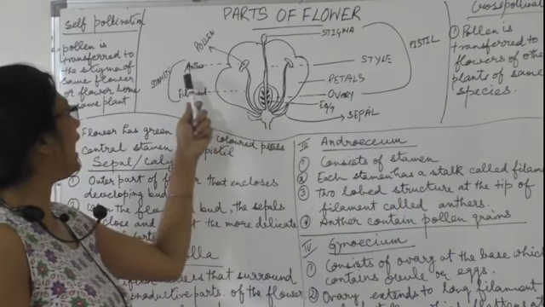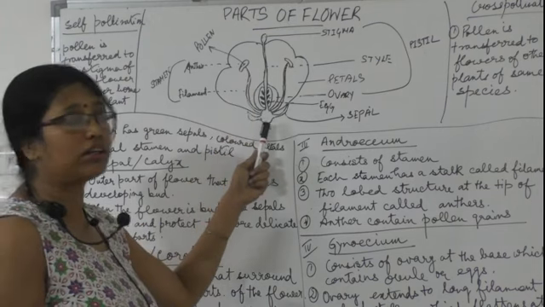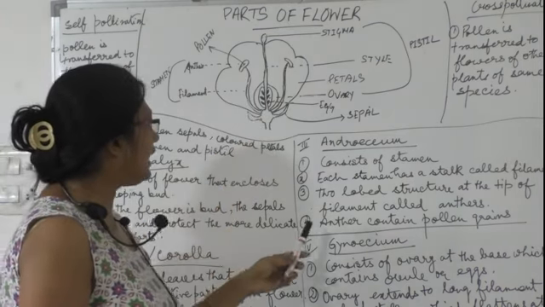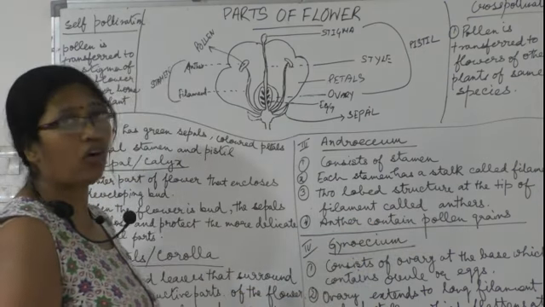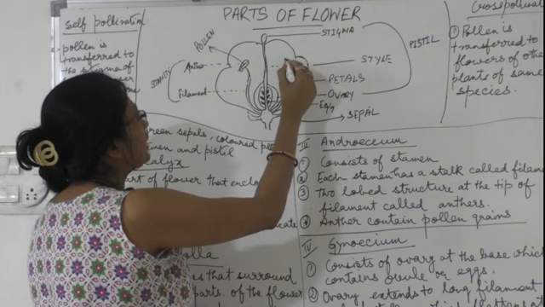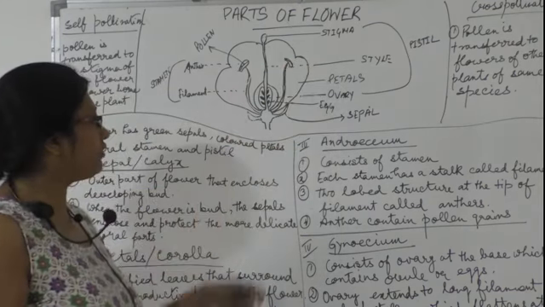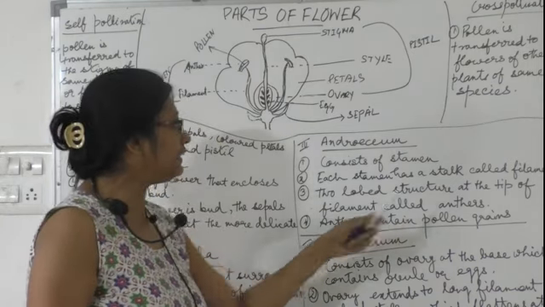You can see that this is the stalk. So this is called filament, and the two-lobed structure at the tip of the filament is called anther.